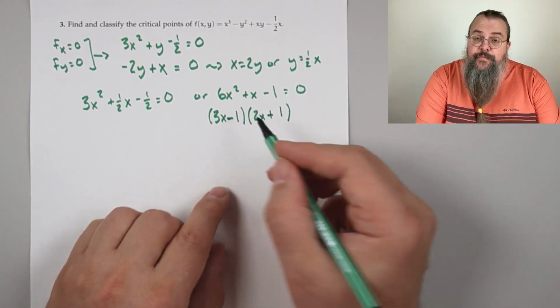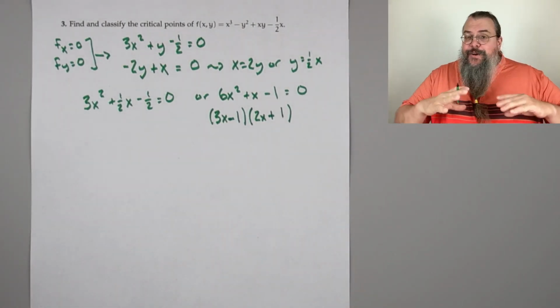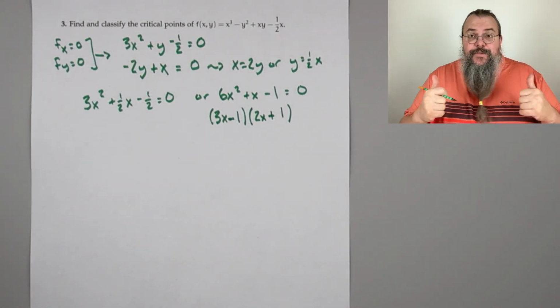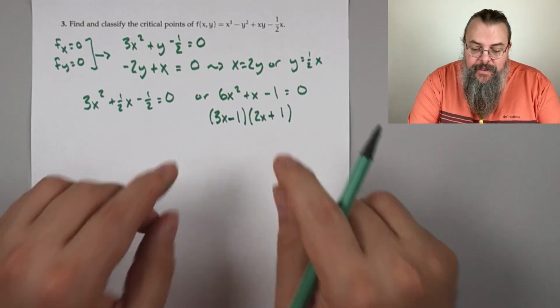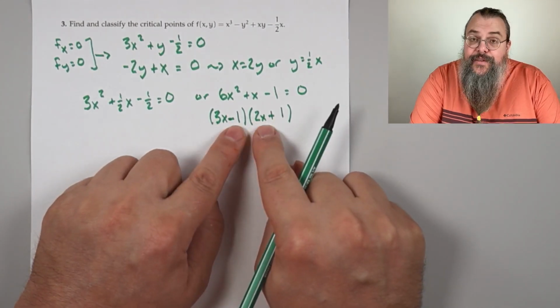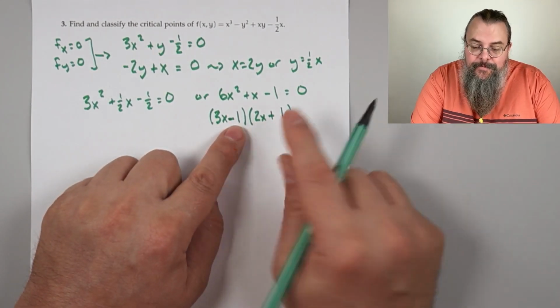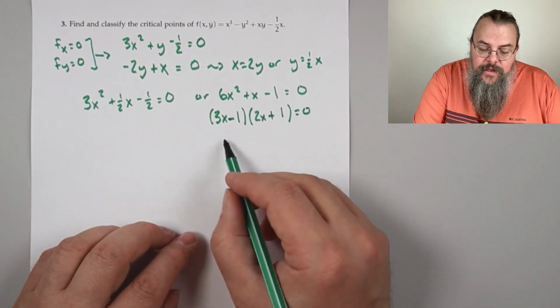Now, if you don't like this process, you don't have to do this. You can always pull out the quadratic formula, and that's great. There's no judgments here. Does this work, by the way? 6x squared, that's good, plus 3x minus 2x is x, and minus 1. All right, so we're close. What do we conclude?